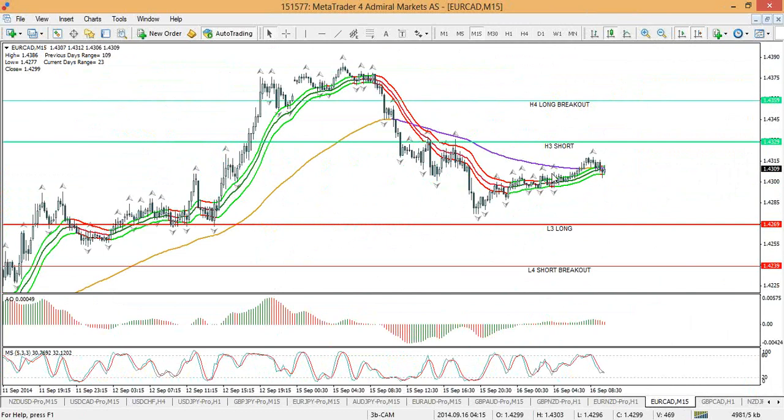Some days it's going to be less, some days it's going to be more. But you won't often see EuroCAD, let's face it, move 1,000 pips. There's a natural limit it has. So by looking at price versus Camarilla, we have an immediate, very quick understanding of the situation of the price.